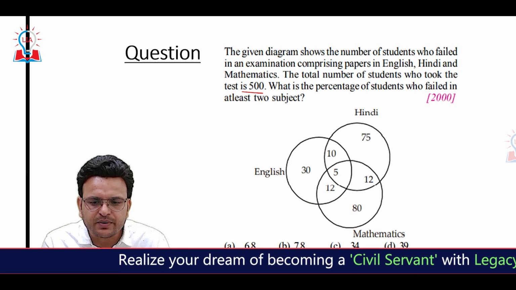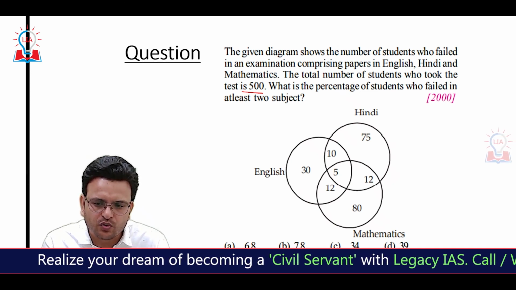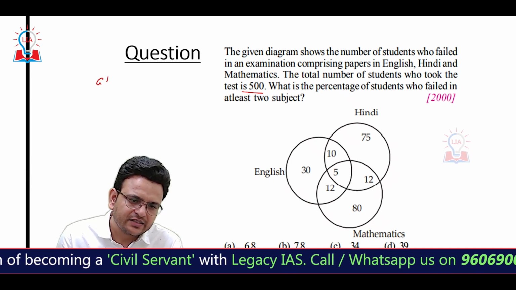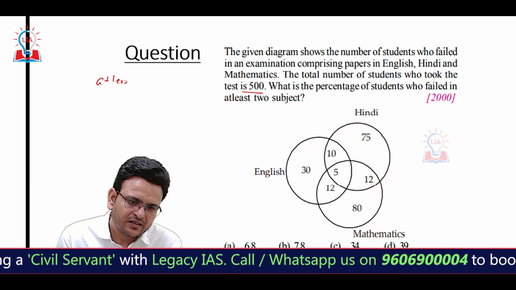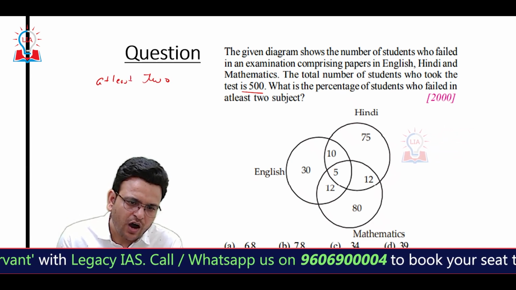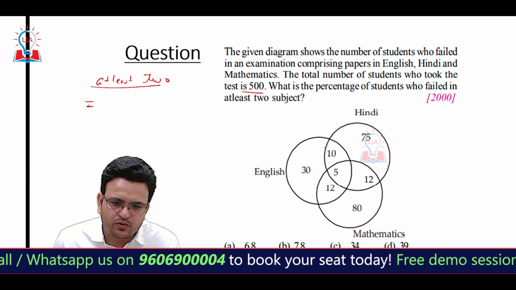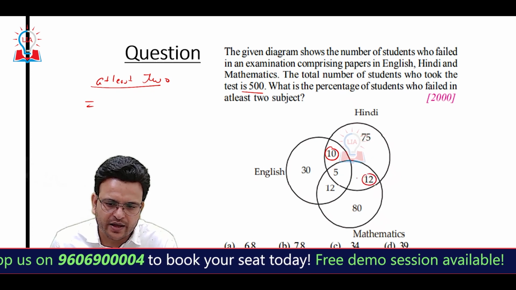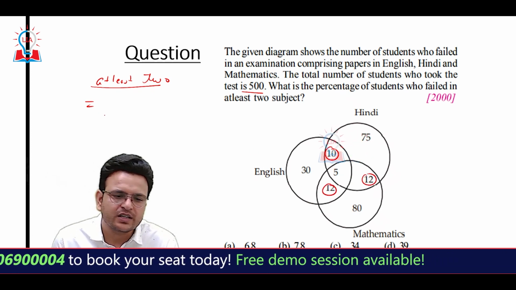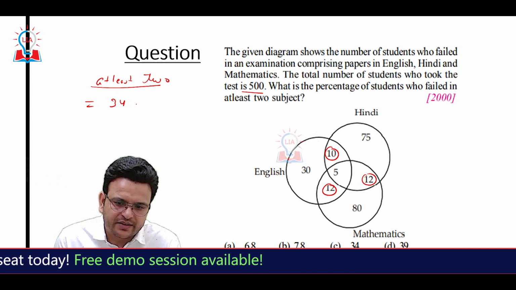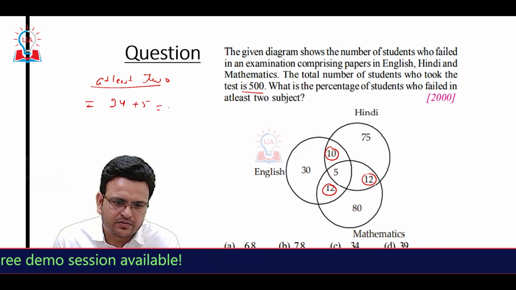Then what is the percentage of students who failed in at least two subjects? So here, at least two. So how many have failed in at least two? Only two: 10 plus 12 plus 12, that is 34, and all three, 5. It becomes 39.